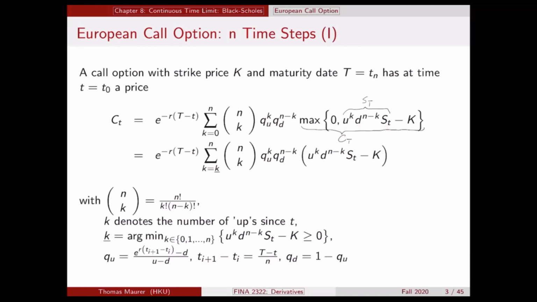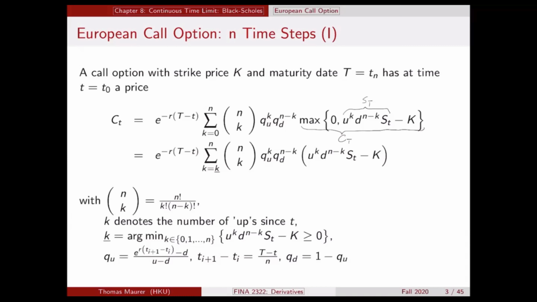is the gross return for each up movement if you move k times up in the tree, times the gross return of each down movement, moving n minus k times down in the tree. So after k up movements and n minus k down movements, that's the return on the initial price, and that entire thing will be the price of the underlying asset at the maturity date after these movements through the tree.